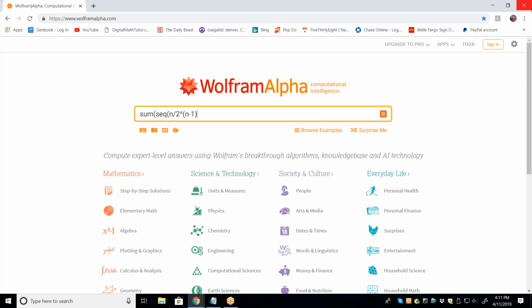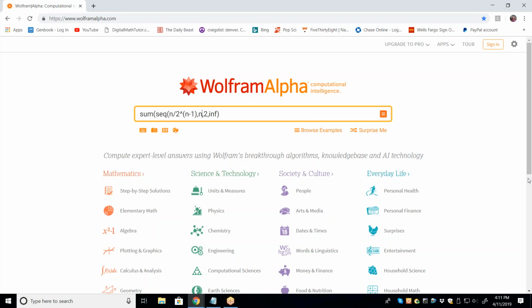2 raised to the n minus 1. Let's see. Comma, the variable n, comma, 2, comma, infinity. And I probably need extra parentheses right here.